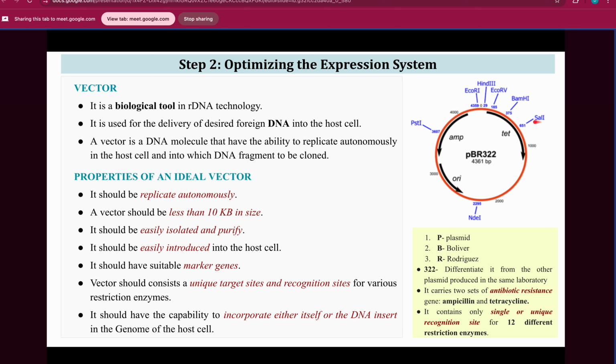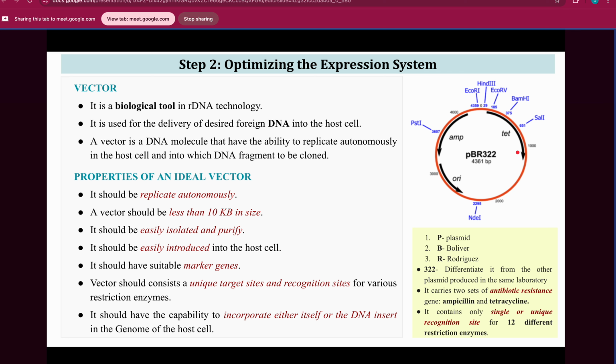So we cleave this particular plasmid at these sites using one such restriction enzyme. For example, if we are using BamHI to cleave this plasmid, the same enzyme is used to cleave the gene of interest. Now, when the gene of interest gets inserted into this region, it will break the sequence of the tetracycline resistance gene.